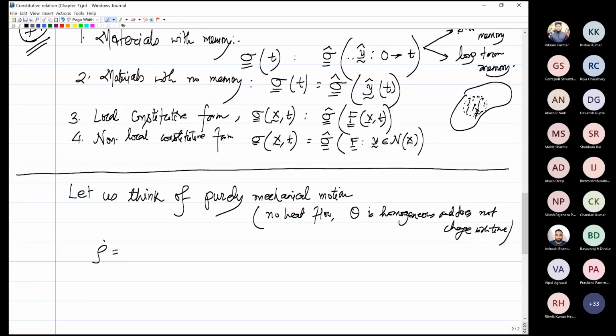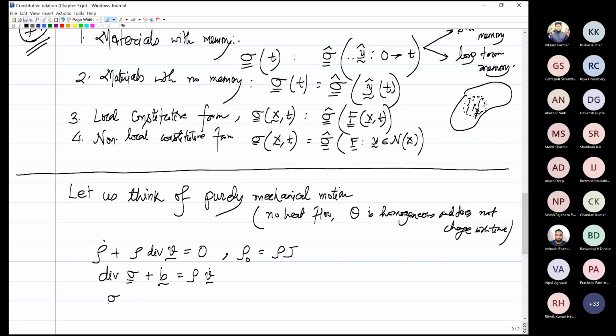So for example, this mass continuity remains as it was earlier. So you have rho dot plus rho times divergence of velocity equal to 0, and you know that in Lagrangian form it is rho naught equal to rho times J. Then you have LMB, which remains the same as earlier, that is divergence of sigma plus rho times the body force B equal to rho times V dot.